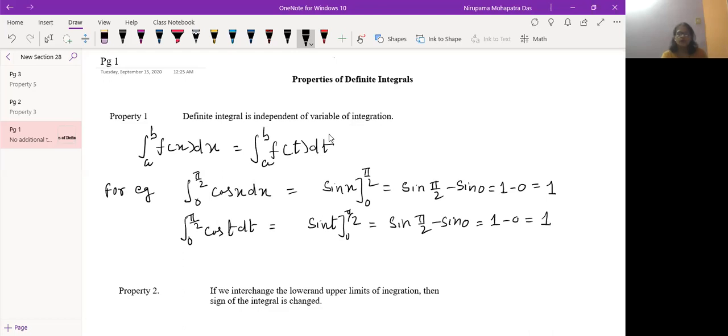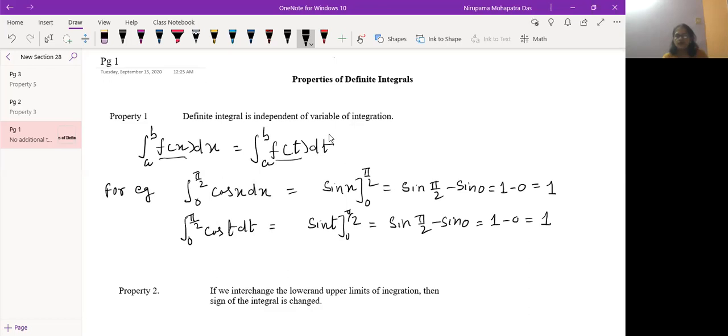So as long as the limits of integration, both lower and upper, have no change, I mean here 0 to pi by 2 and here also 0 to pi by 2, it means a to b in both. Here you have f(x), here you have f(t), so only the variable has changed.